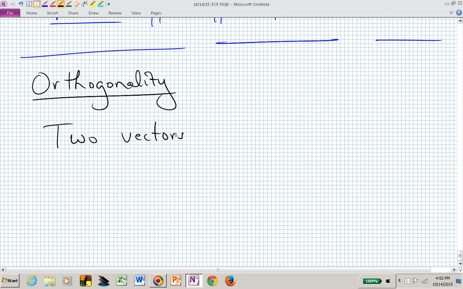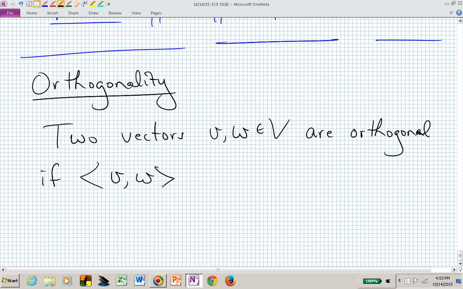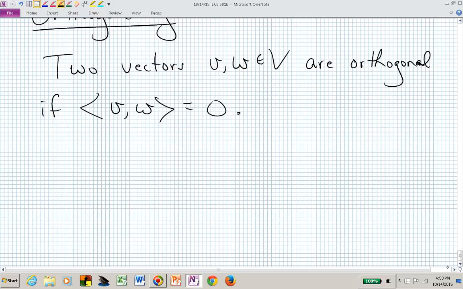Where two vectors, let's say V and W, in our vector space V, we will say that those are orthogonal if their inner product is 0. That's the definition of two vectors being orthogonal, is their inner product is 0.